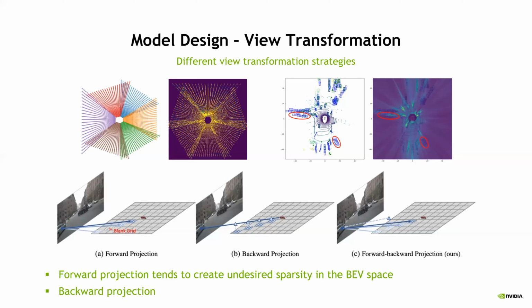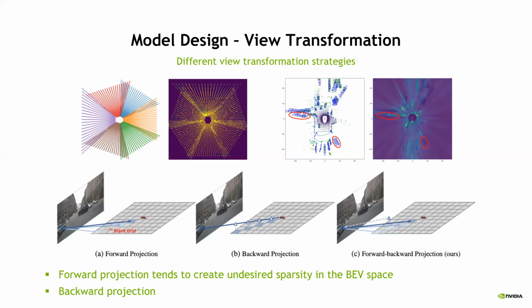The good thing is that methods like Lift, Splat, Shoot can encode the depth prior information very well, so depth pre-training techniques work very well for forward projection. The other way around is backward projection, whose representative work is of course BEVFormer.